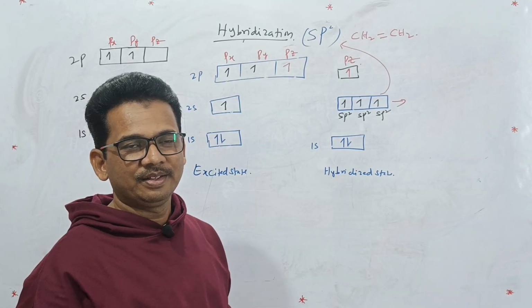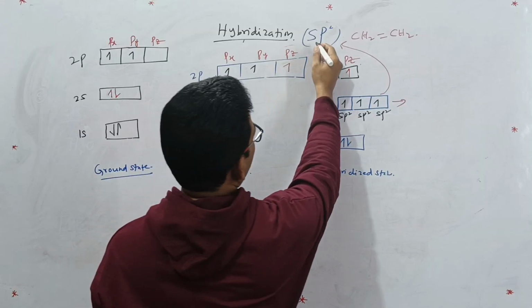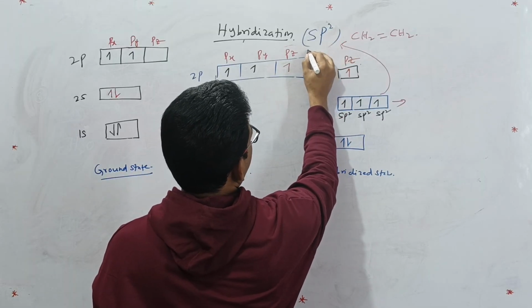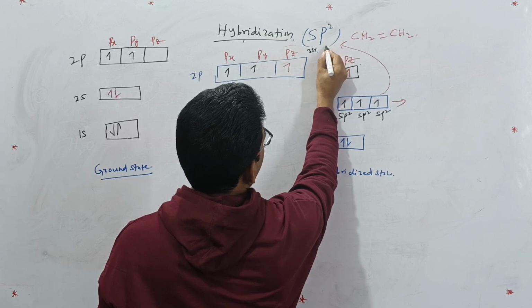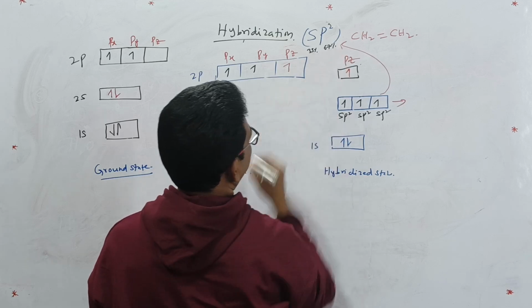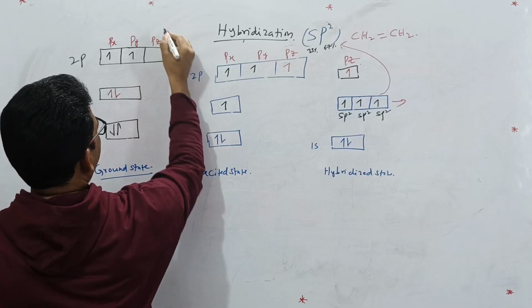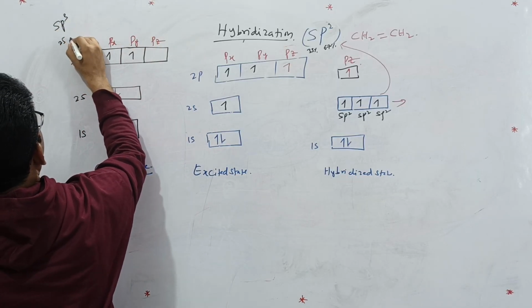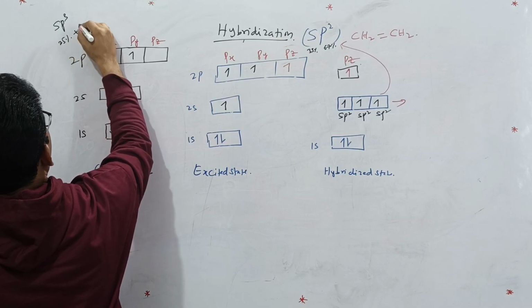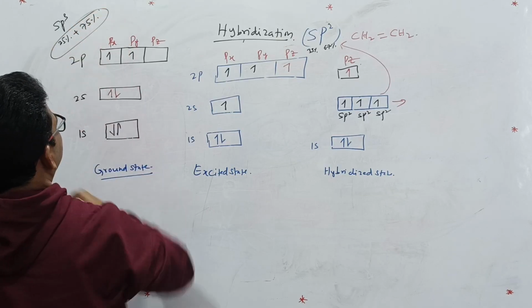Understand? Then what s character will it have here? For sp2, s character is 33%, p character is 67%. In case of sp3, I forgot to tell you there, it is 25% s character, then 75% p character.